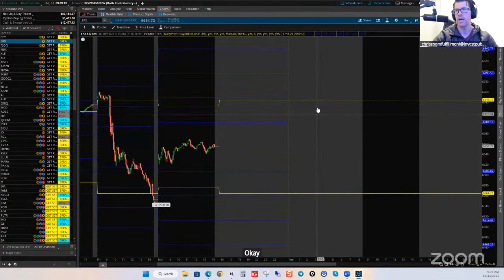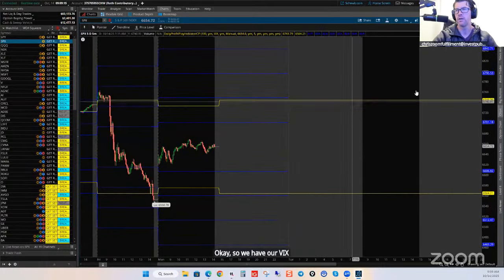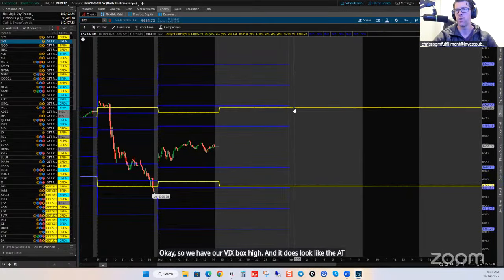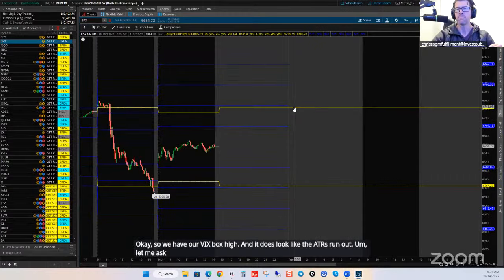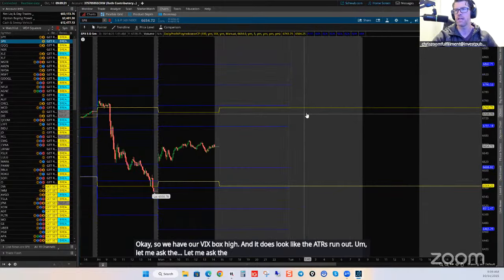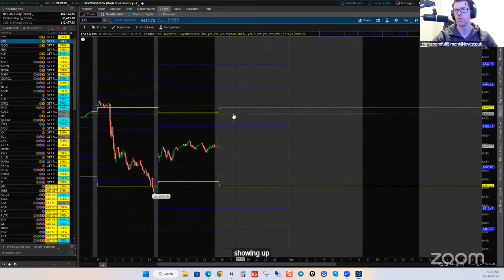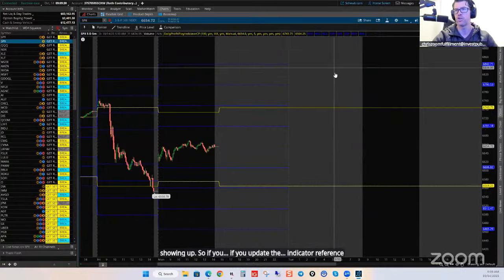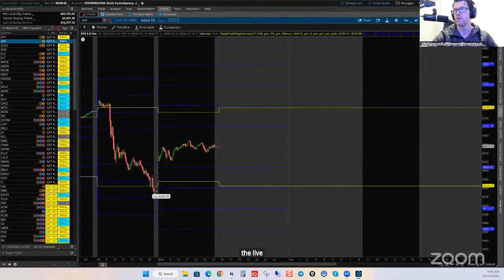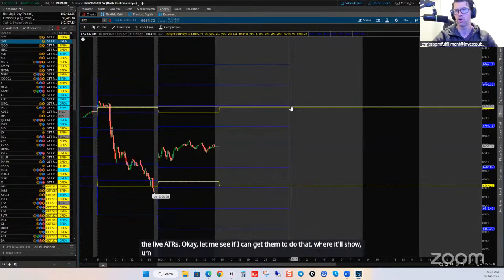Okay, so we have our VIX box high, and it does look like the ATRs run out. Let me ask the coder if I can get these ATRs to be showing up, so that if you update the indicator reference point, it's showing the live ATRs. Let me see if I can get them to show the current day.